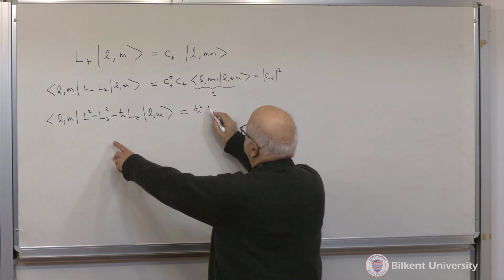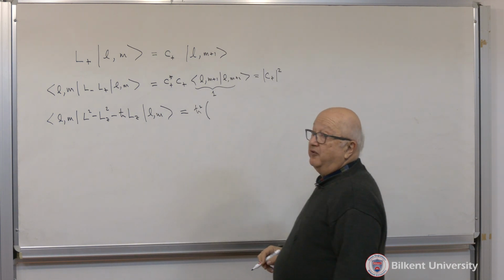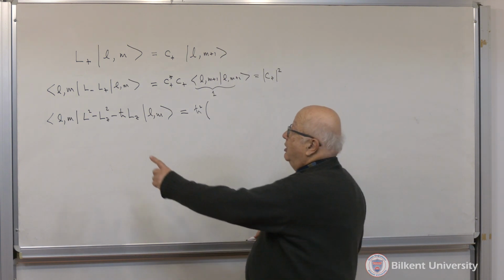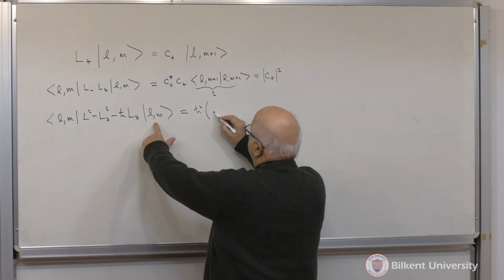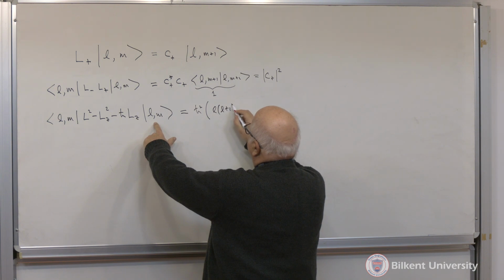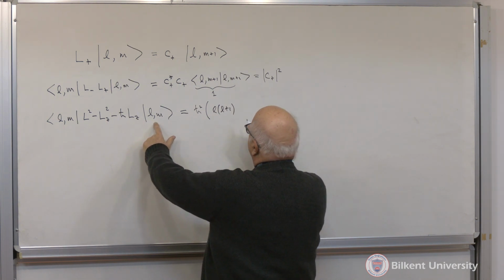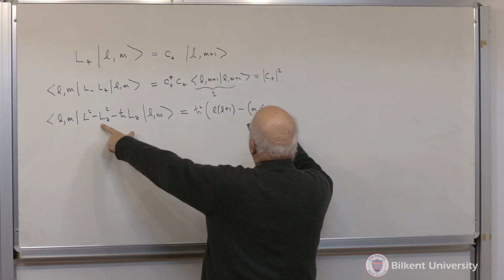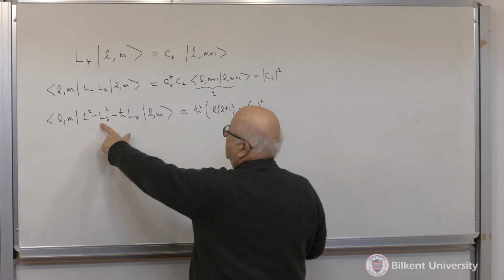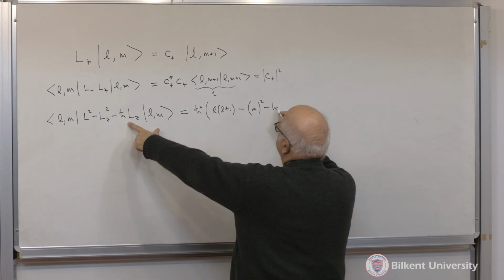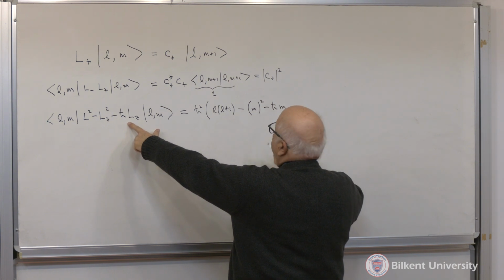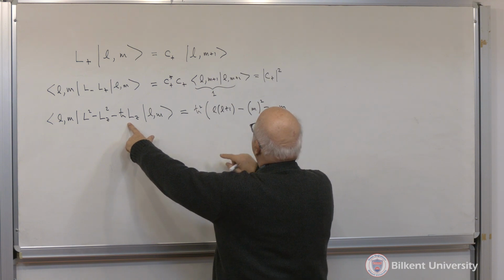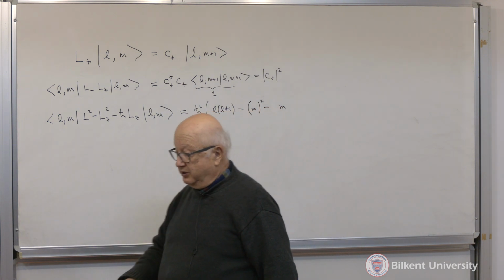Everything is proportional to h bar squared, so let me factor that out. Eigenvalues of L squared were l(l+1), minus L z squared, so that's m squared, minus h bar m. Let me just put the h bars in.